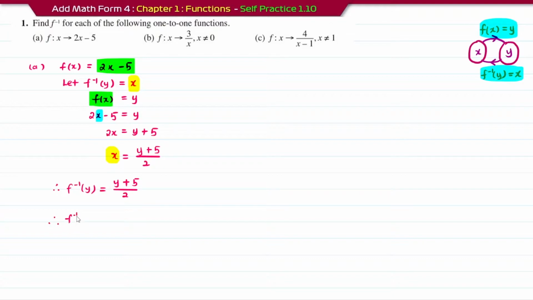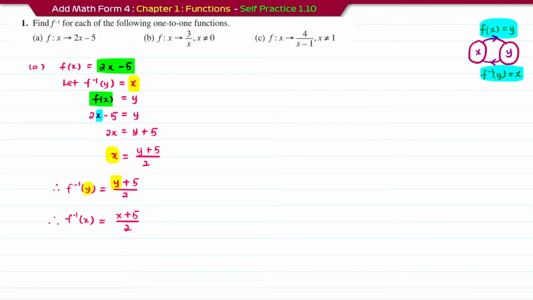Now, I want to find the inverse f of x. Therefore, I'm going to replace the y here with the letter x. So it will be x plus 5 over 2. So this is the inverse f of question A.